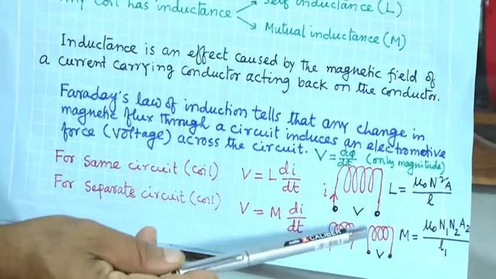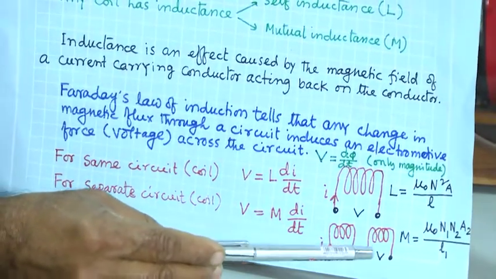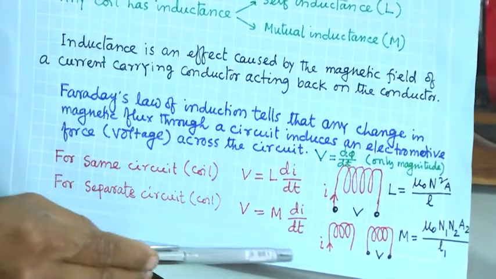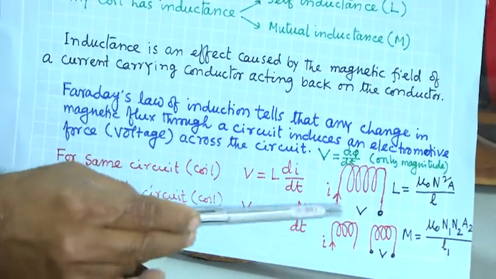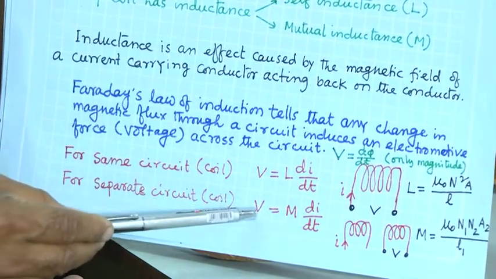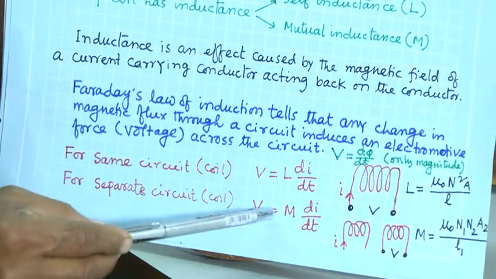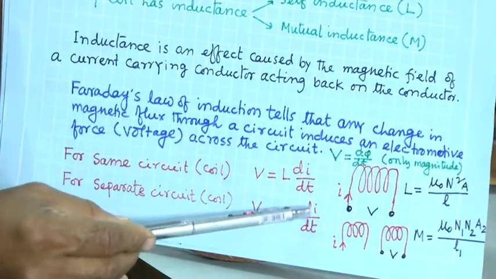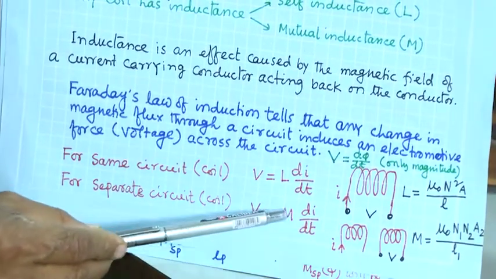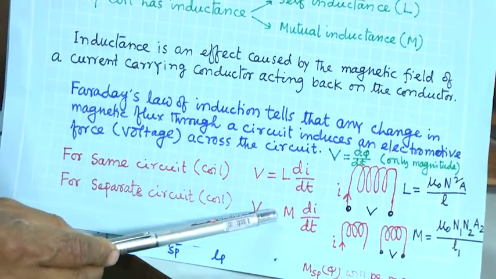Due to that, the EMF induced in the second coil, say V, is proportional to the rate of change of current in the first coil. This proportionality constant is M, and it is called mutual inductance.